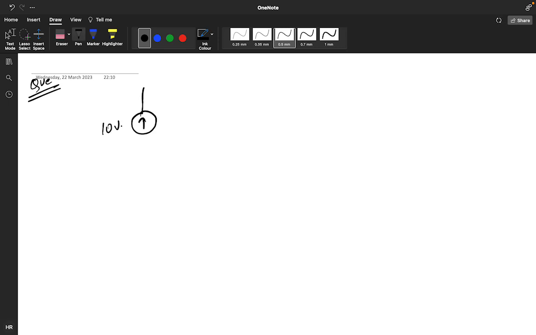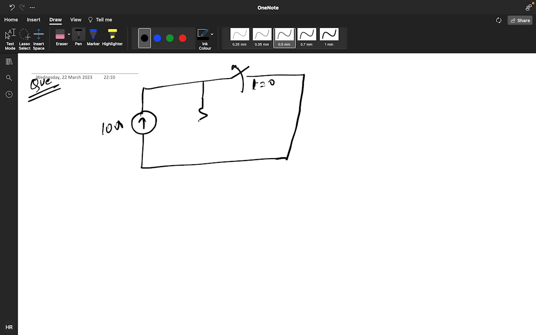You have 10 ampere. At t equals 0, the switch will get closed. And here you have 1 ohm. This is 1 by 2 Henry.